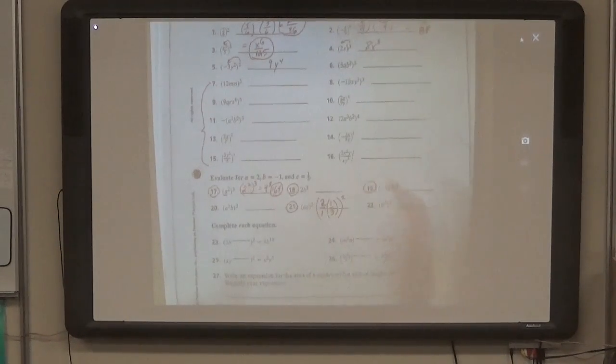So you need to square that. So 2 times 1 is 2, 1 times 3 is 3, so it's 2/3 squared. No, 4/9.